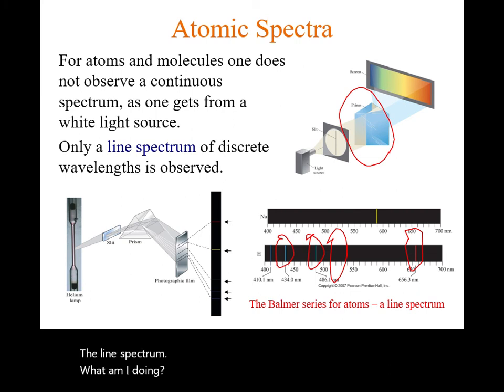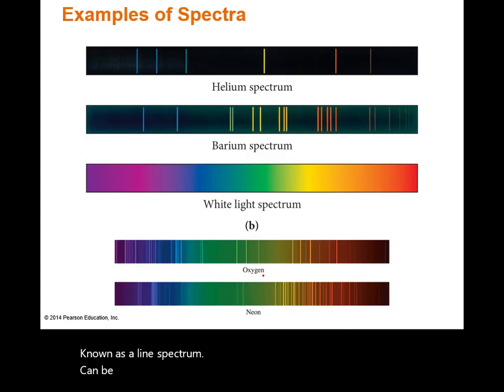Hold on. I circled the wrong line. Right here. There we go. These 4 lines of hydrogen, known as a line spectrum, can be observed for many other atoms.